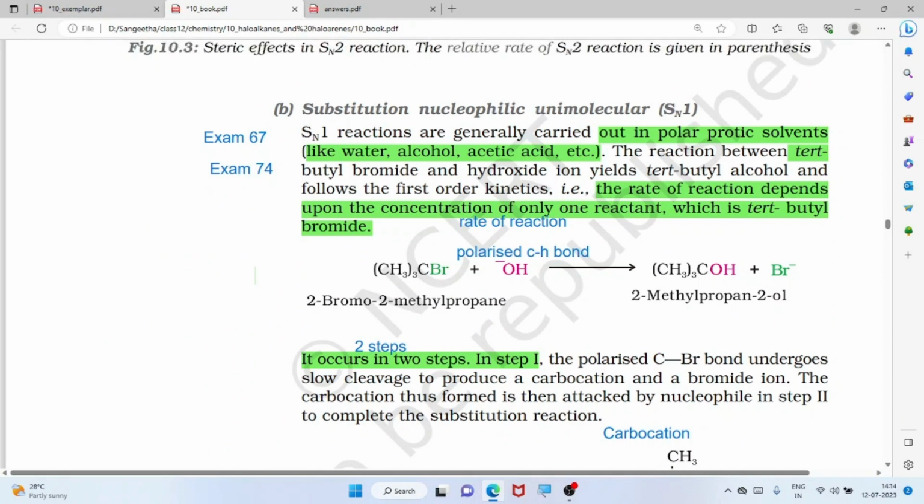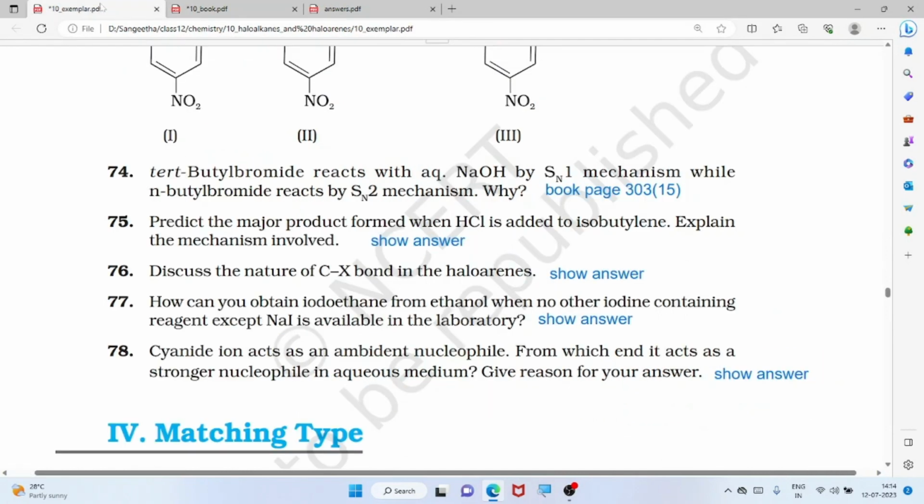SN1 mechanism. Here, n-butyl bromide and the hydroxyl ion yield this one. Okay, the rate of the reaction. Okay, you can go through this.